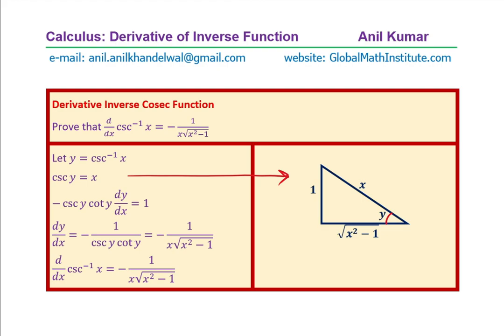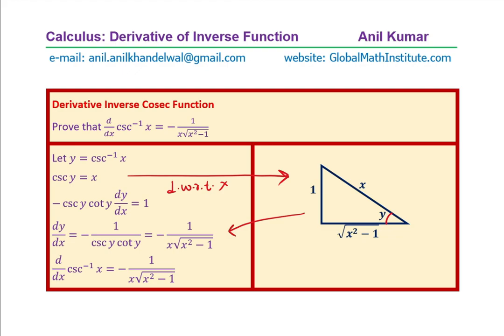Taking derivatives on both sides with respect to x, we get derivative of cosecant y will be minus cosecant y cot y dy/dx equals 1. dy/dx is equal to minus 1 over cosecant y cot y. Substituting the values from the triangle, we get our result.